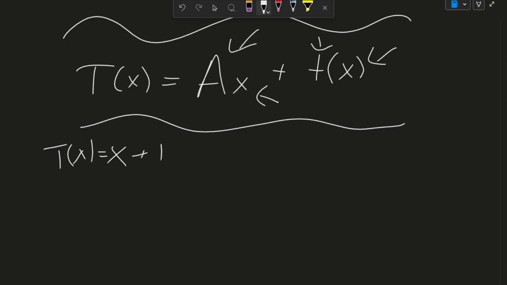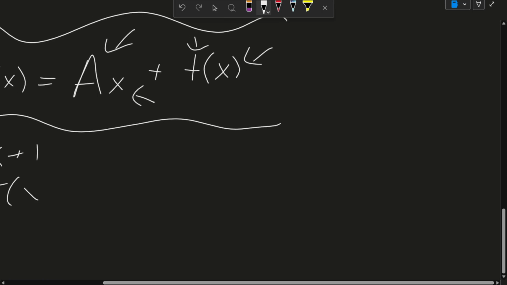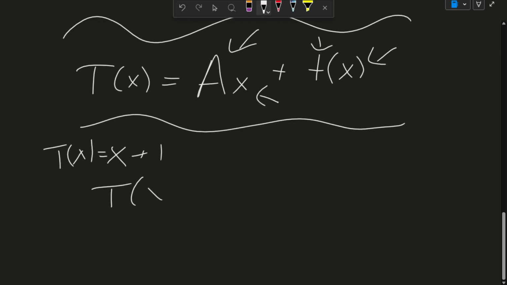The reason this isn't linear is because if I take t of x plus y, and these are real numbers, this is going to equal x plus y plus 1, right?